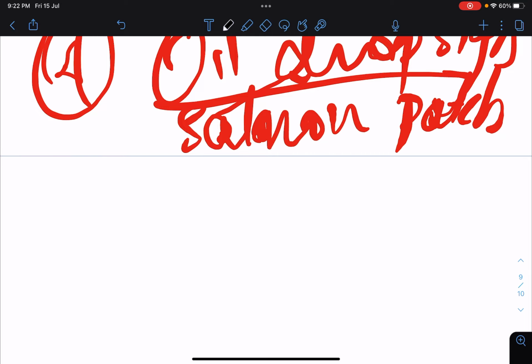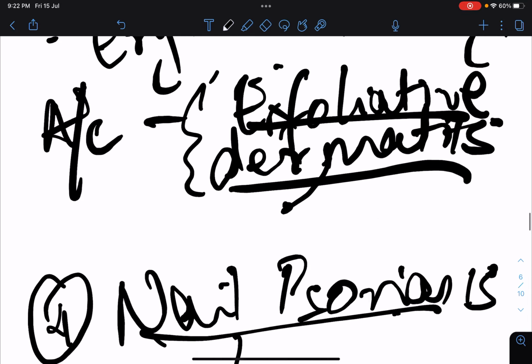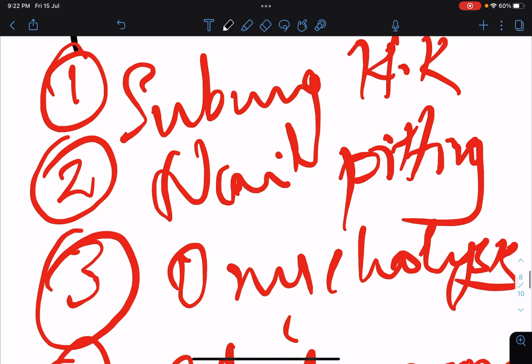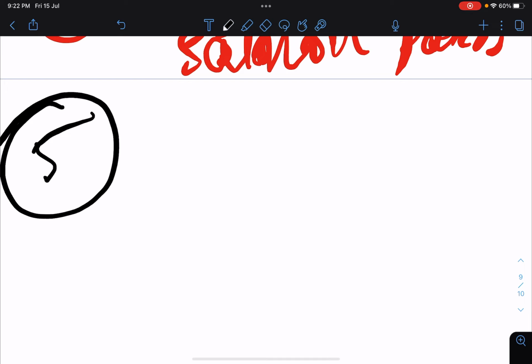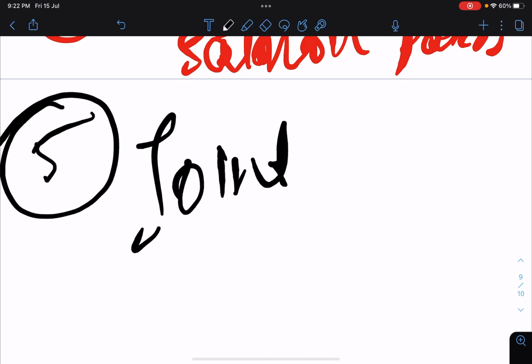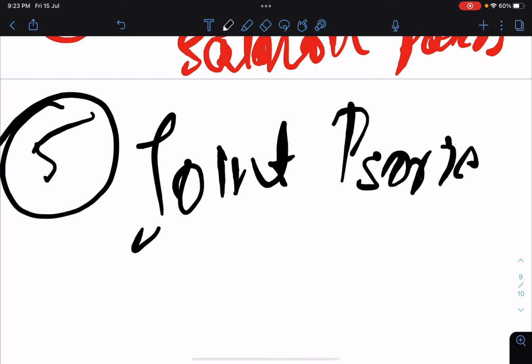Nail psoriasis was the fourth one. The fifth one now is going to be joint psoriasis, that is psoriasis that involves the joints. Joint psoriasis is a very crude way of saying it.